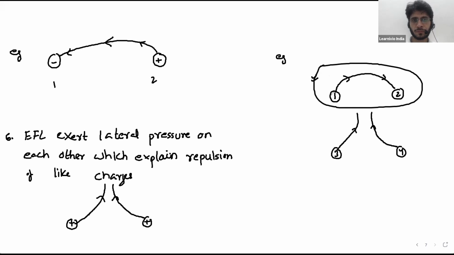One is positive, two is negative. Good. In 3 and 4, can you decide are they attracting or repelling? They are repelling. Can you decide which one is positive? Both are positive.